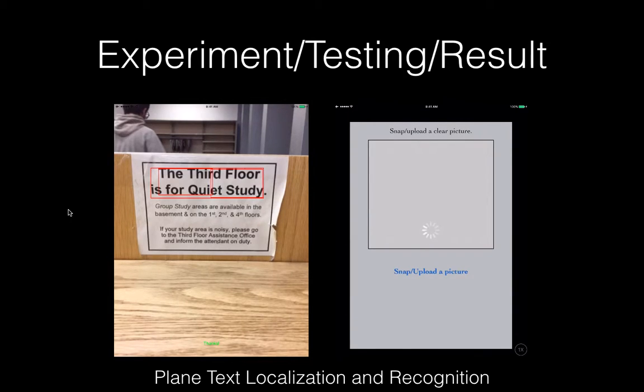The result is kind of similar, and sometimes, because of the simple background, the traditional OCR has better results. You can see the third floor is for quiet study, and our localization also finds those words in the region. But the traditional one can recognize more, like group study area available. There are some typos, like it recognizes one word as something else, but generally it's good.